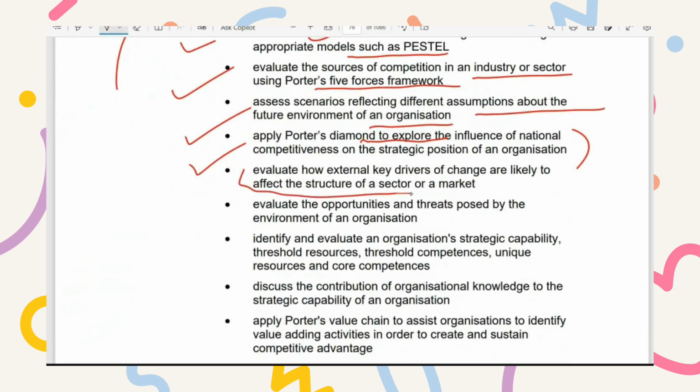In the Porter's Diamond strategy, we will discuss and evaluate how external drivers of change are likely to affect the structure of a sector or a market. Evaluate opportunities and threats like a SWOT analysis.